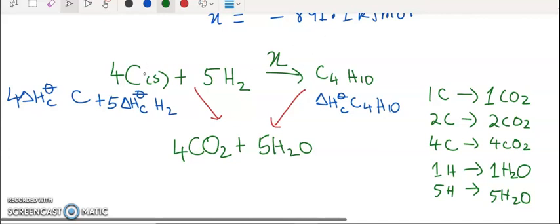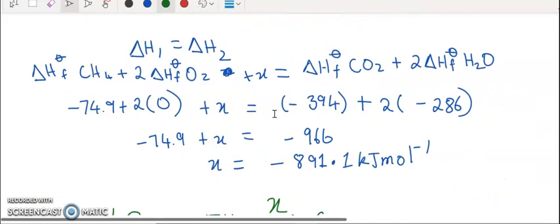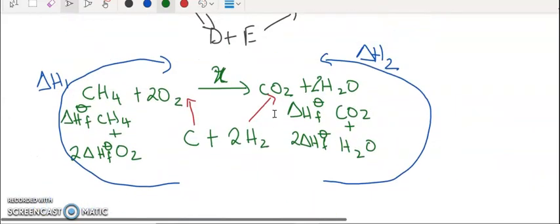It's the standard enthalpy change of formation because in order for it to become butane, which is C4H10, it's made up of carbon and hydrogen. Therefore, you have carbon and hydrogen. Whereas in the bottom line, it was combustion because C4H10 is burnt in oxygen to give carbon dioxide and water.